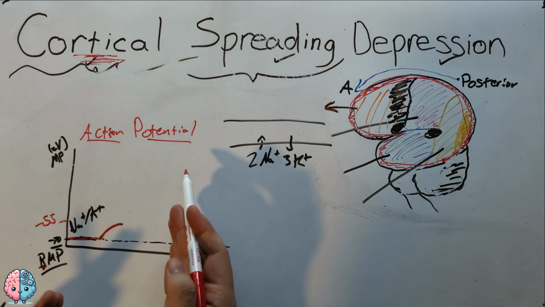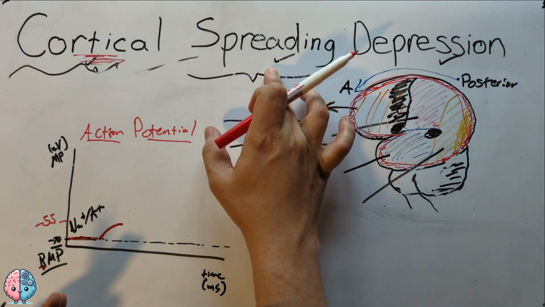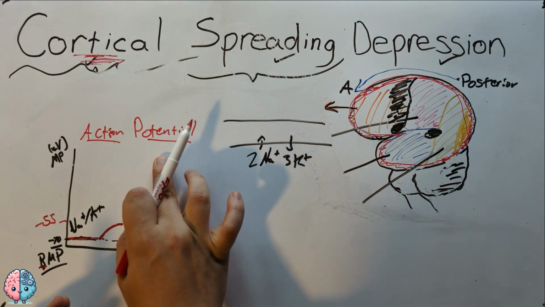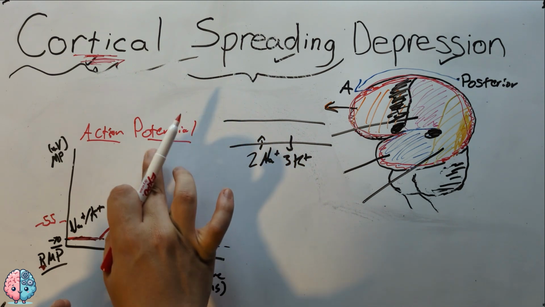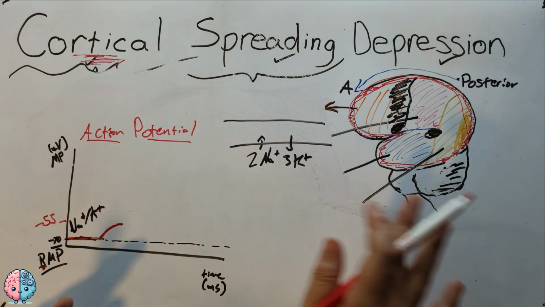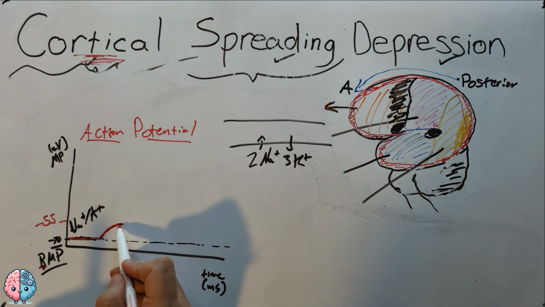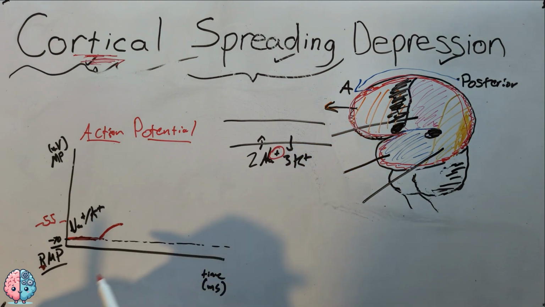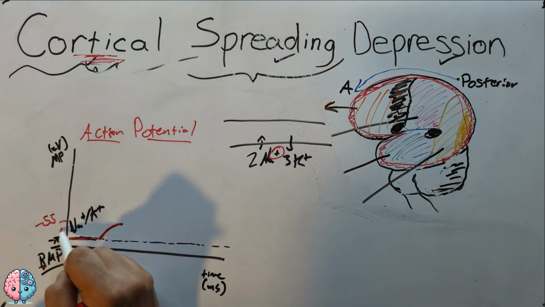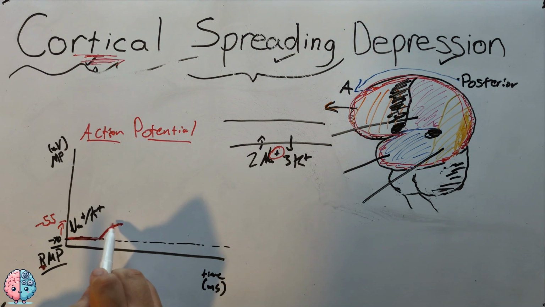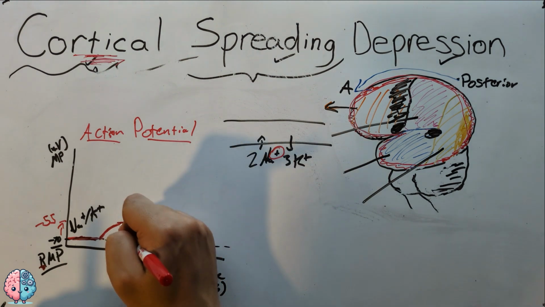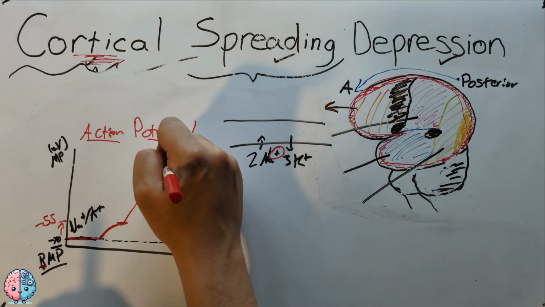So the neuron is stimulated. Now, the way it's stimulated is actually different between cortical spreading depression and the specialized ability of a neuron to send a signal via an action potential, but we will get to that in a bit. So the neuron is stimulated and the cell becomes more positive. Why? Because sodium is positive. So you have more sodium rushing in, the cell is becoming more positive. And once it reaches the threshold, it's an all or nothing response, okay?